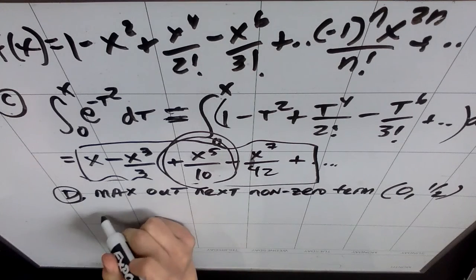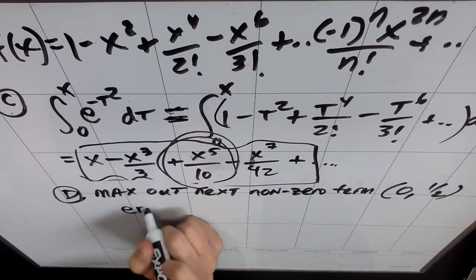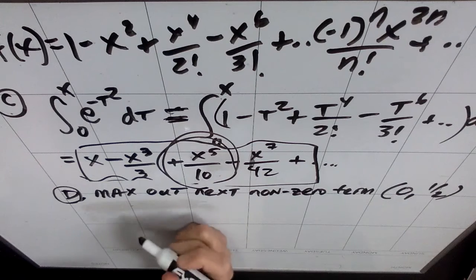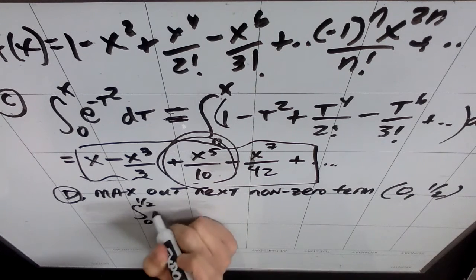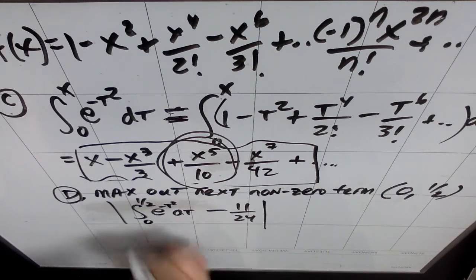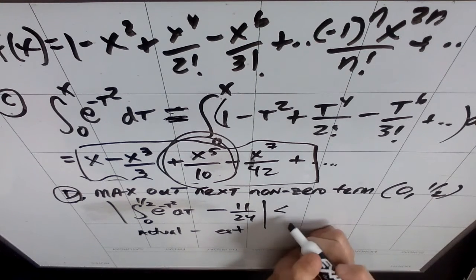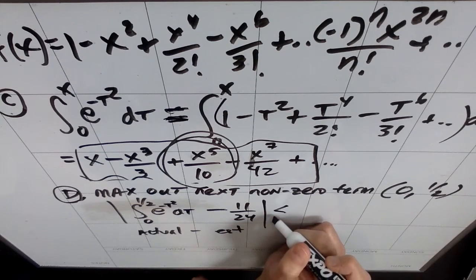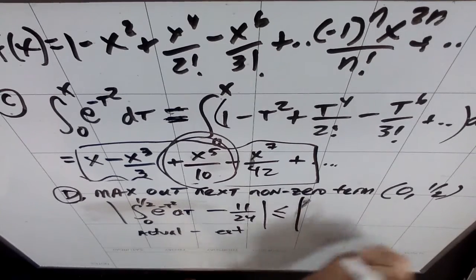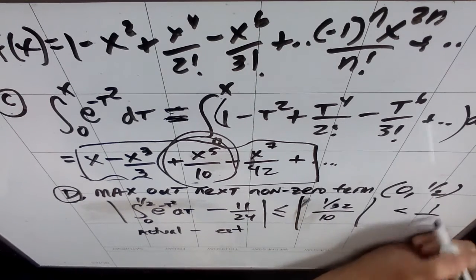Well, that's this guy. So my error, which is the difference between the integral from 0 to 1/2 of e to the negative t squared dt and the 11/24, if you want to be really picky about it, that's the actual minus the estimate, has to be less than or equal to this term maxed out, in absolute value, which is (1/2) to the 5th, which is 1/32 divided by 10, and I'm supposed to show that's less than 1/200.